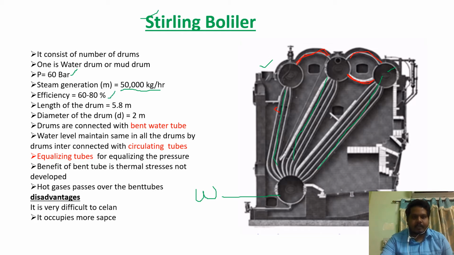The length of the drum is 5.8 meter. So this is the drum. Opposite to the other side of the slide is the length of the drum. Diameter of the drum is 2 meter. So these are the specifications. So this is how the Stirling boiler operates.